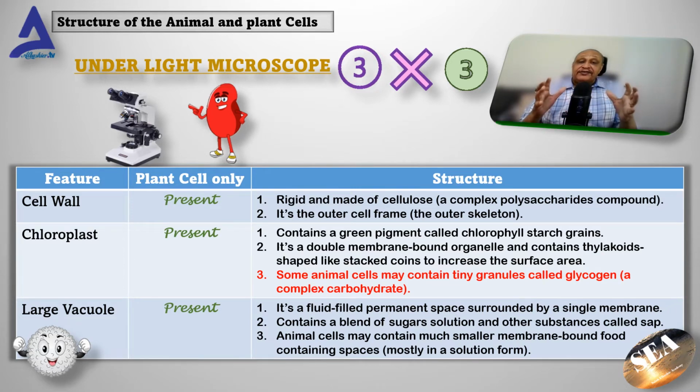The differences are restricted to the plant cell, and this is why we have the 3 by 3 rule, where this 3 is in green. All these structures and features are present in the plant cell, not in the animal cell. The cell wall, the chloroplast, and the vacuoles are specific to the plant cell.